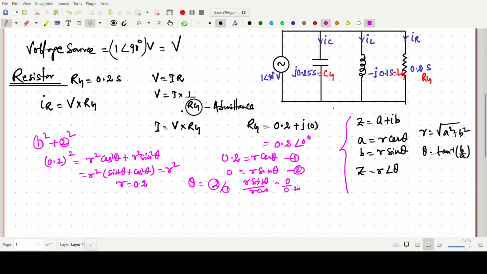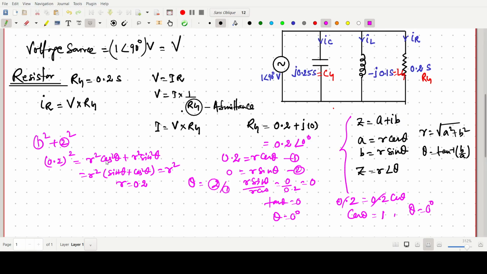So it is simply tan theta equals 0. Or simply from this, we know the r value is 0.2. So one more equation we can add, 0.2 equals 0.2 cos theta. Cos theta is 1, so cos theta value 1 at theta equals 0 degree.